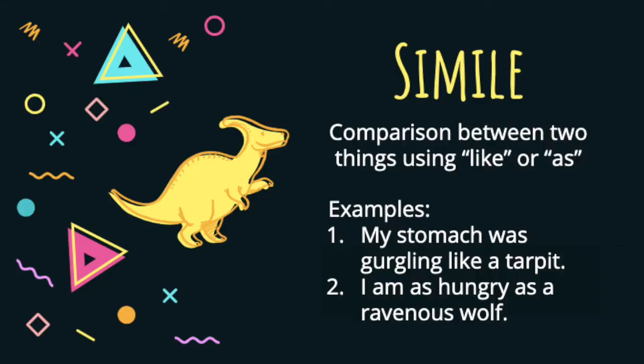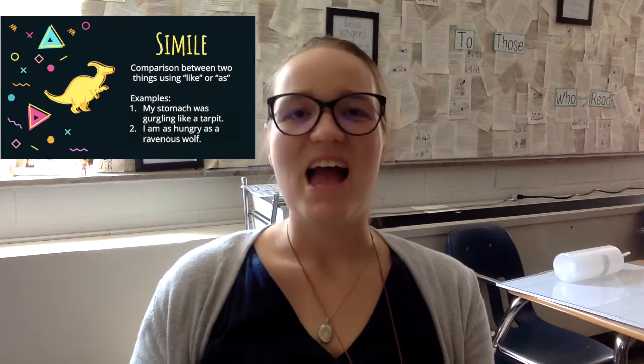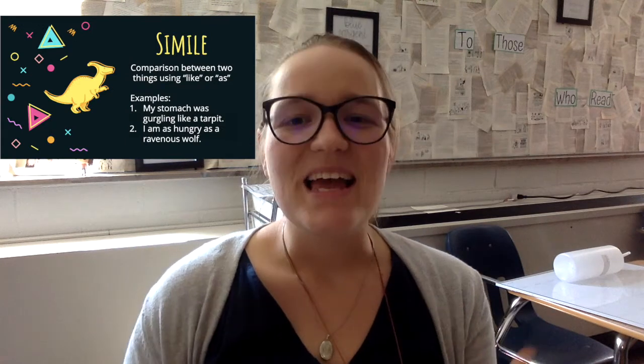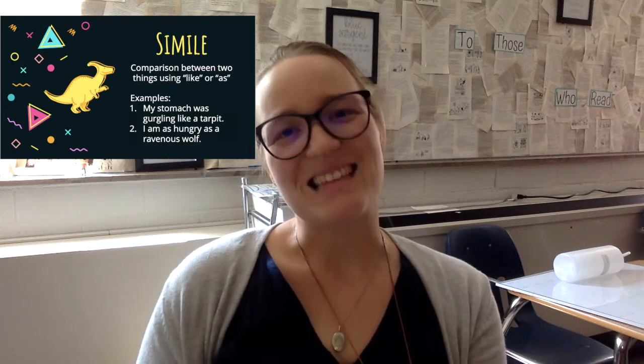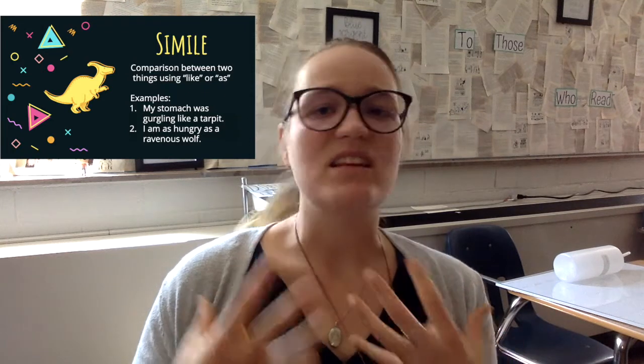So, simile, a comparison using like or as. Now, this is a comparison of two things using like or as very specifically. An example, my stomach was gurgling like a tar pit. If my stomach was actually a tar pit, that would be very concerning. But it's gurgling like a tar pit, so it's not the literal meaning.